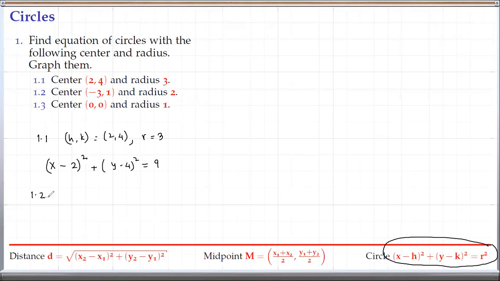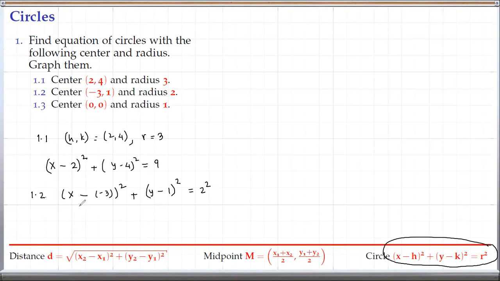For the second one, the center is (-3, 1). So those are the values of h and k, and the radius r is 2. So let's put down the equation right away. We have (x minus -3) squared, that is x minus h squared, plus y minus k, which is (y minus 1) squared, equals 2 squared.